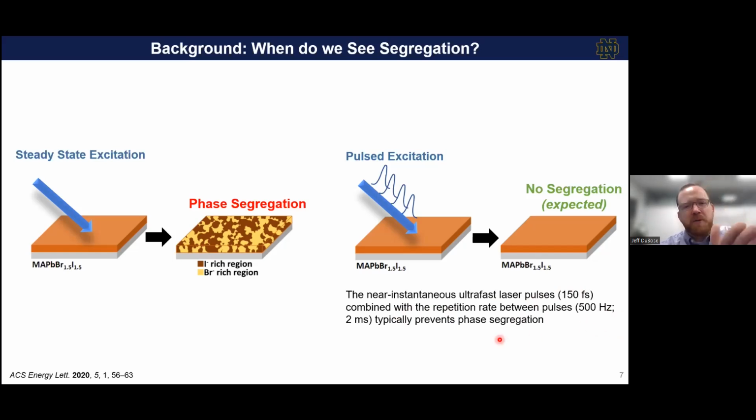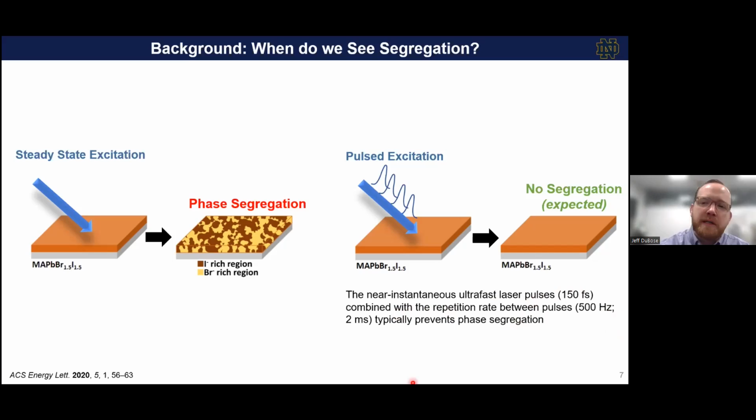So that's a femtosecond pulse, then 2 milliseconds of dead time, then another femtosecond pulse, and then 2 milliseconds of dead time. Typically, you don't expect to see phase segregation in these instances because you don't accumulate that many charge carriers. Everything relaxes away during the dead times.